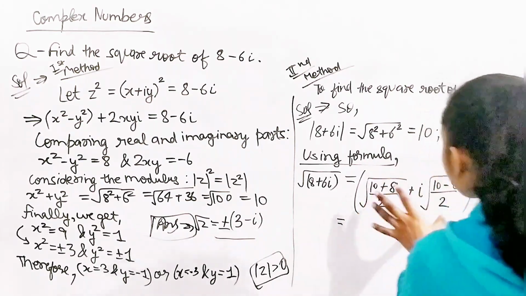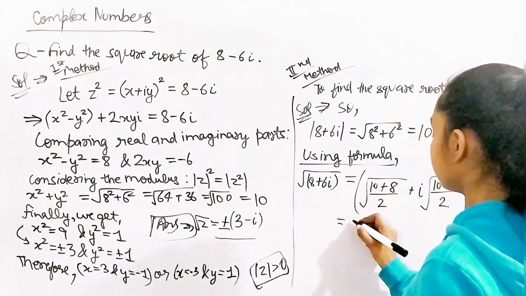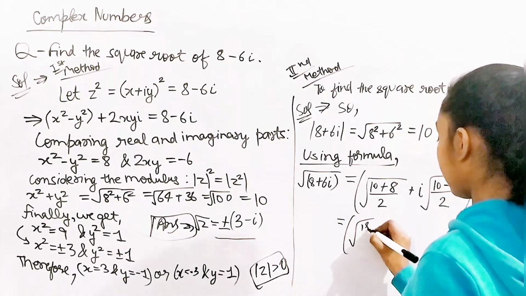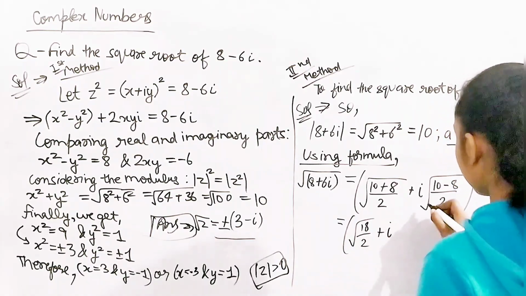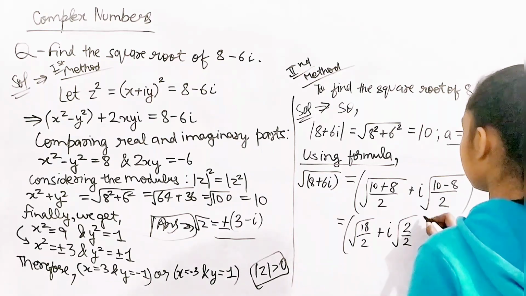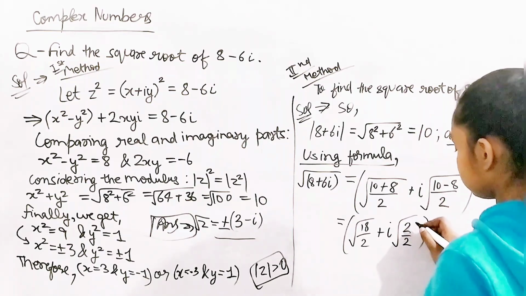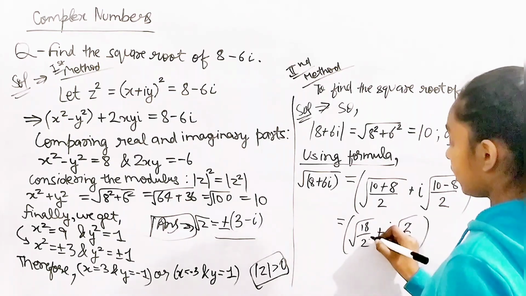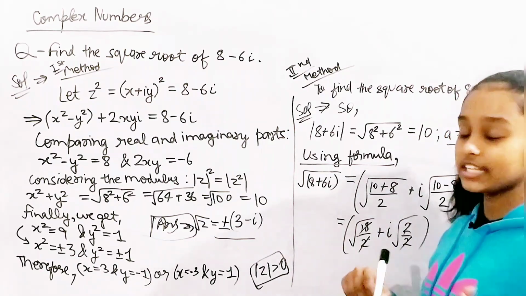So what am I going to get? I'm going to get 18 by 2, right? Yeah, 18 by 2 plus iota. 10 minus 8 will give us 2, so 2 by 2, right? So I can cut 2 and 2 into 9, 18, right?